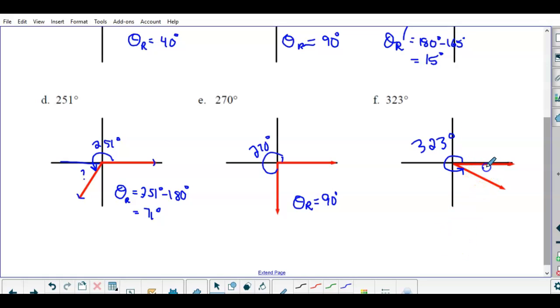Okay, so now your reference angle is here, so theta reference. Now that's going to be 360 minus 323.